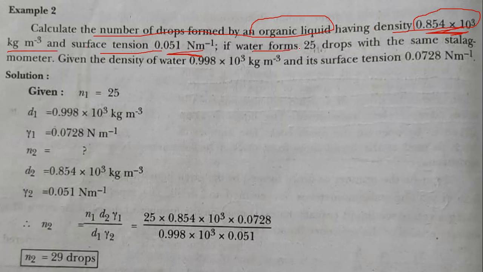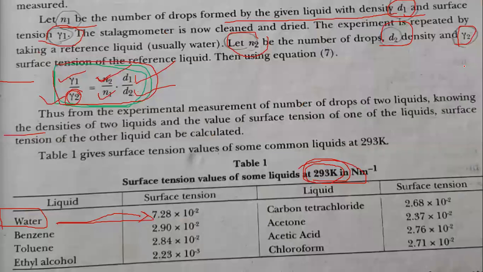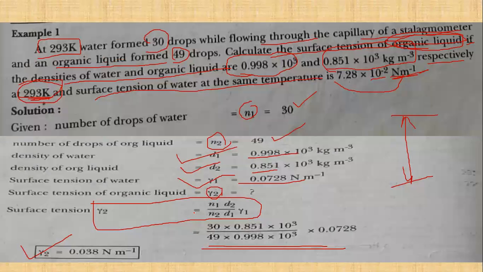If water forms 25 drops with the same stalagmometer, the given density of water is 0.998 into 10 raised to 3 kg per meter cube, and its surface tension is 0.0728 Newton per meter. See here, surface tension 0.0728, or you can write 7.28 into 10 raised to -2 Newton per meter.